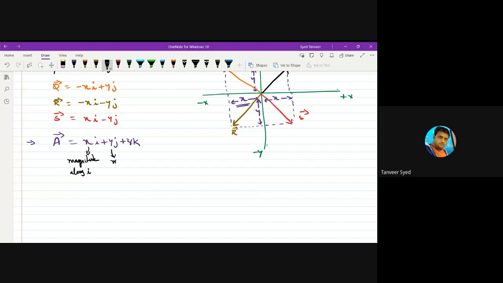And yj means magnitude of vector A along j direction, and z means magnitude of vector A along k direction: xi plus yj plus zk.